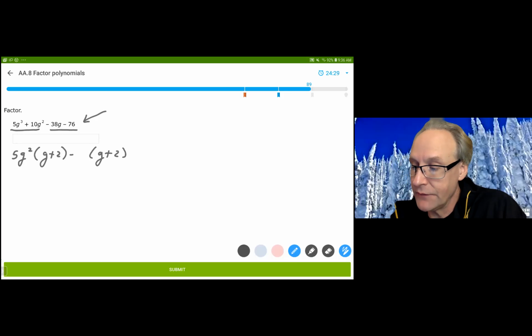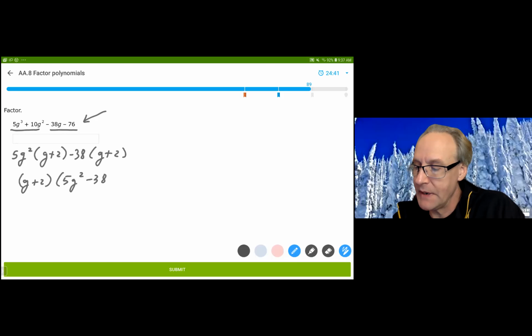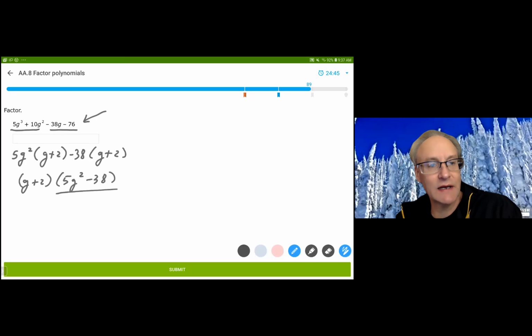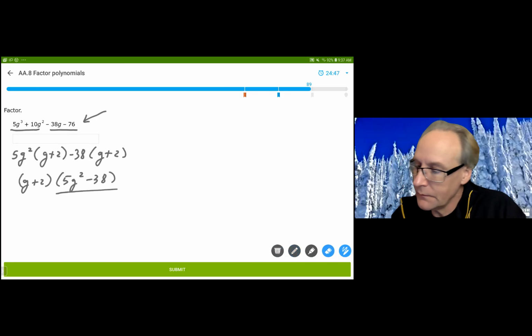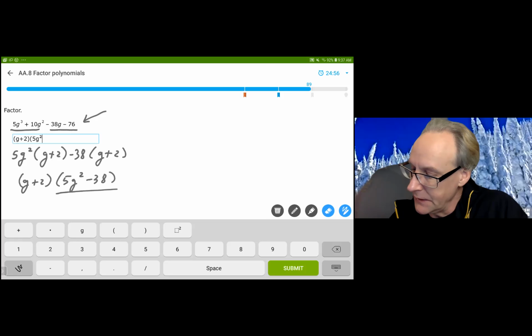A negative 38. That's going to give me my g plus 2. And we have a g plus 2, and I'll go ahead and write it, times 5g squared minus 38. Remember, sometimes that's going to be a difference of squares, and you're going to have to factor it some more. We've got a g plus 2 and a 5g squared minus 38.